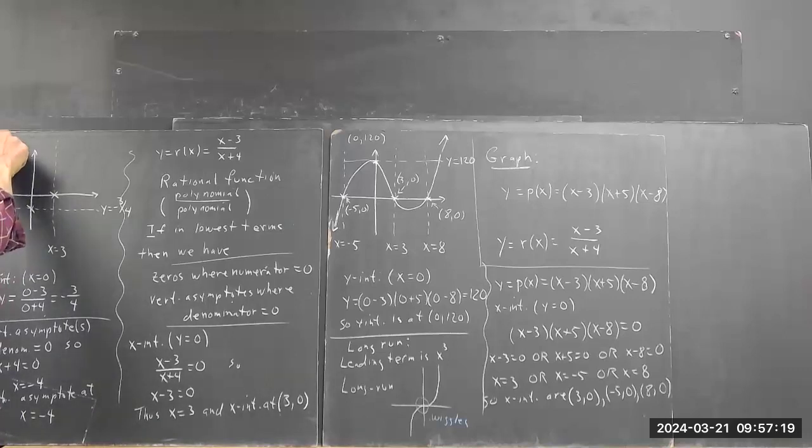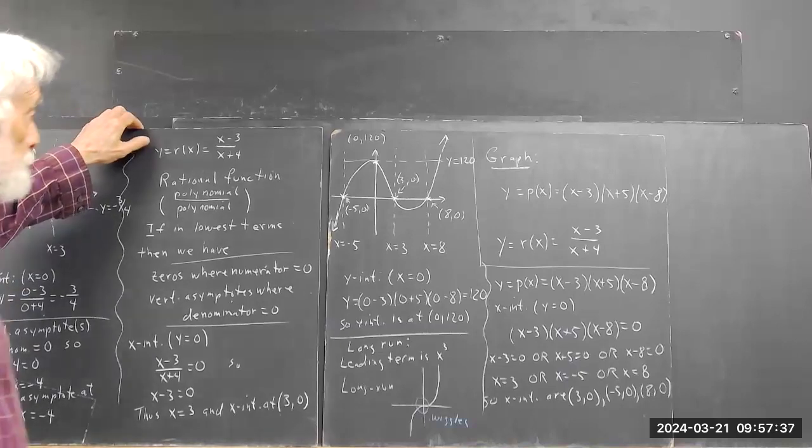So we put x equals negative 4 here, and we know that there's a vertical asymptote here. Now, we're not quite sure what to do about that vertical asymptote, so we want to look a little bit more closely.